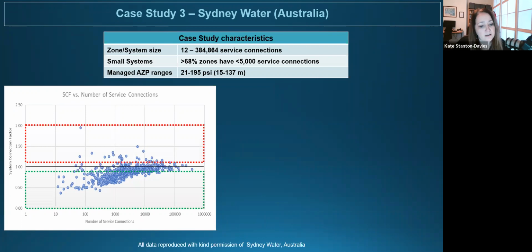And for the zones and systems and DMAs sitting in the red box, we know that the standard UARL is underestimating UARL leakage. If we're going to try to hit that target, then we're going to have to do something about the pressure in those systems to bring that value down.